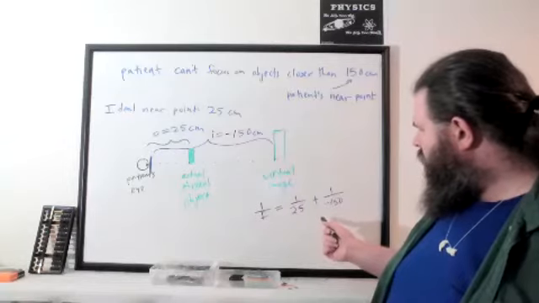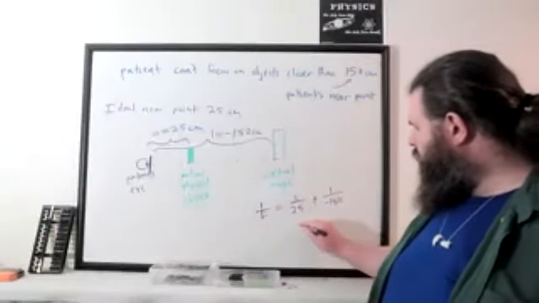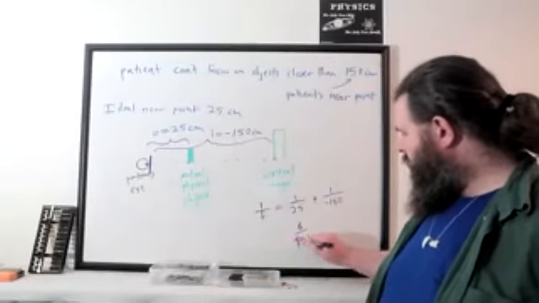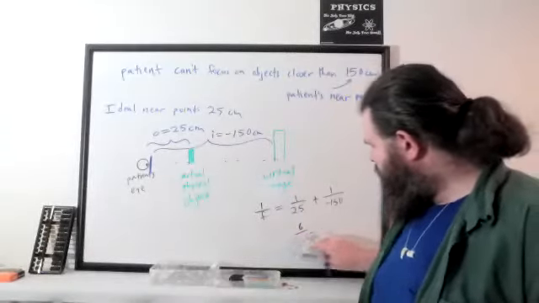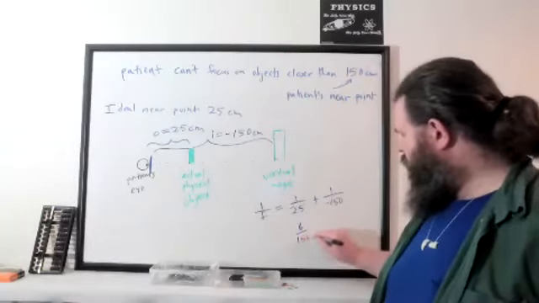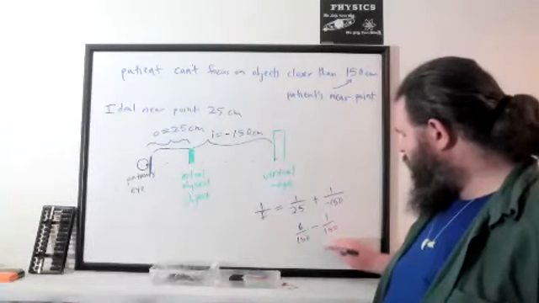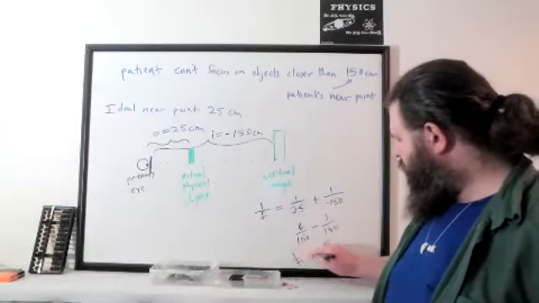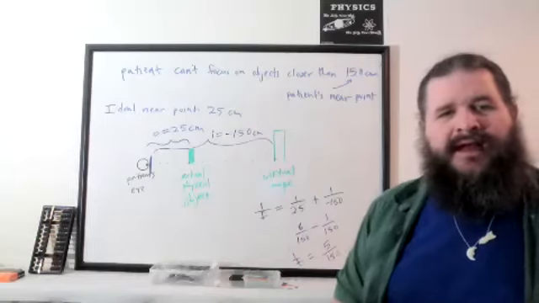So 6 over 25, minus 1 over 150 is 5 over 150. So then we can invert that and get 30.